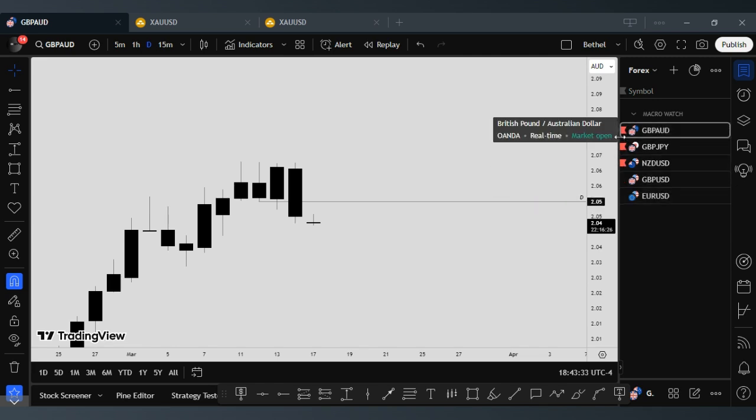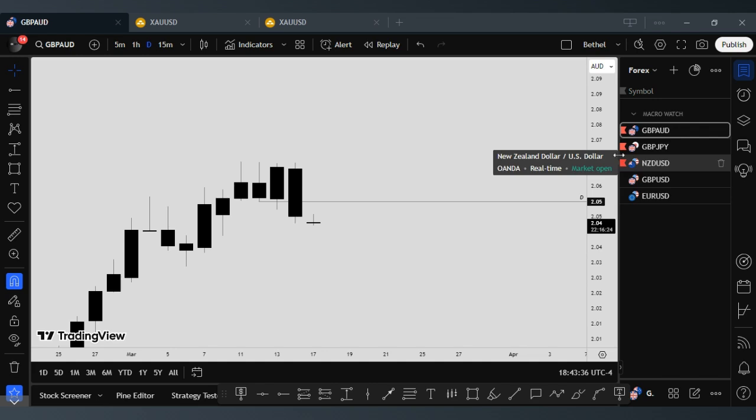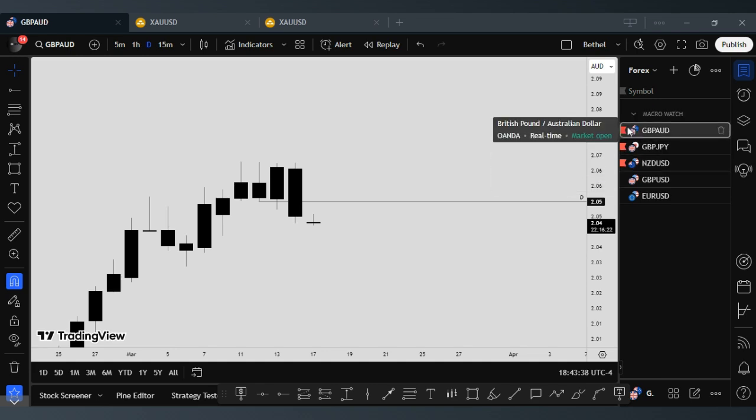These red flags you see here are the pairs that we have indicated that we'll be looking into tomorrow for possible setups. We have GBP AUD, GBP JPY, NZD USD, GBP USD, and Euro USD for this series.